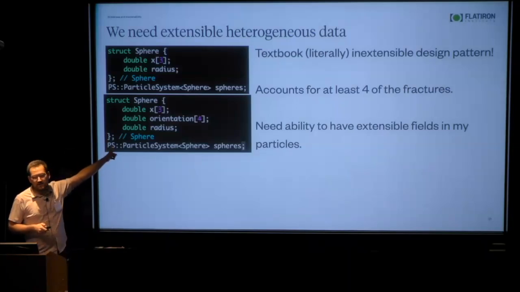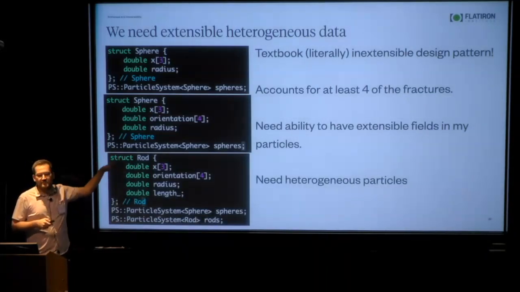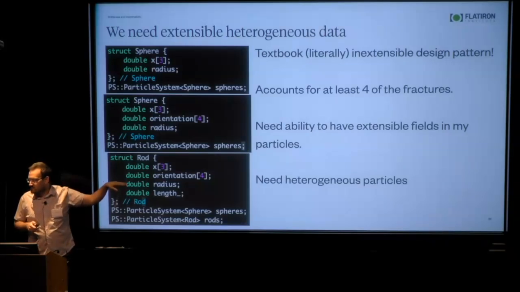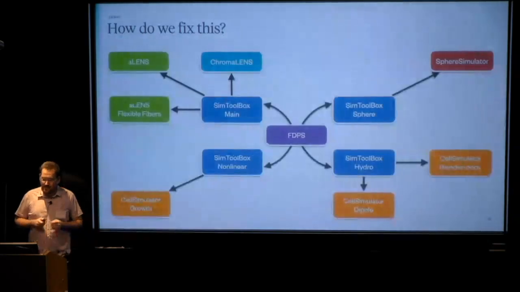If you wanted spheres and rods, you can't really do that without making everything a rod. You could hold 2 complete homogeneous systems together, and then you have to define all of the interactions between them. So that's also a problem. Okay? So that's sort of what had gone wrong.